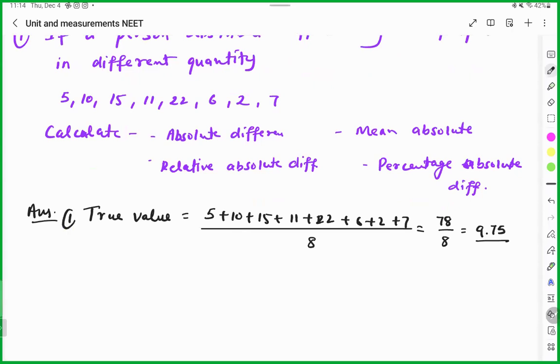Any doubt, guys? Now you can calculate the absolute difference. How to calculate absolute difference?